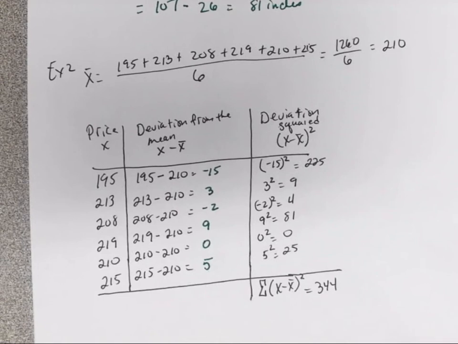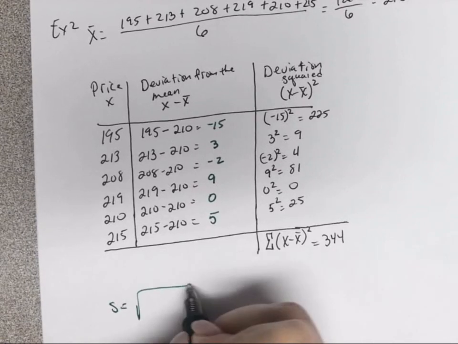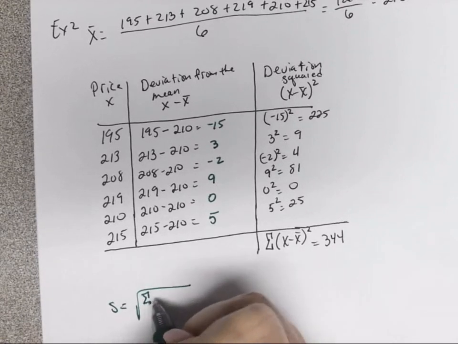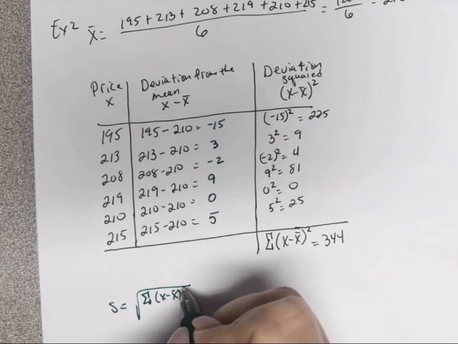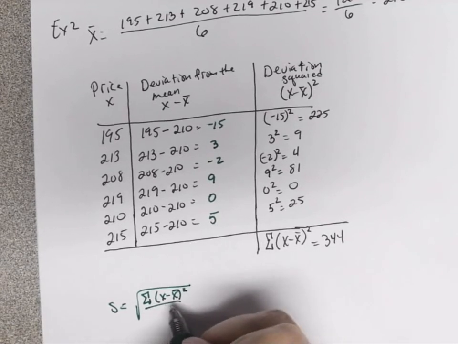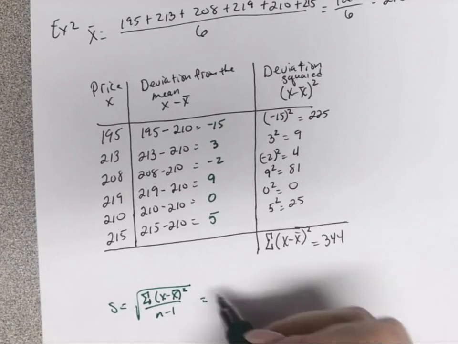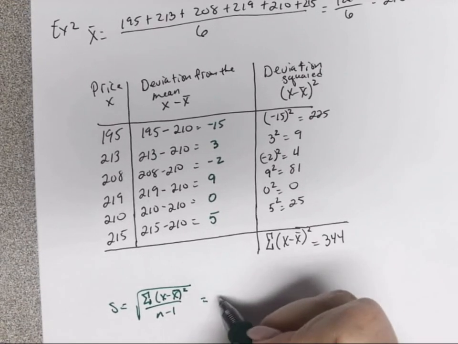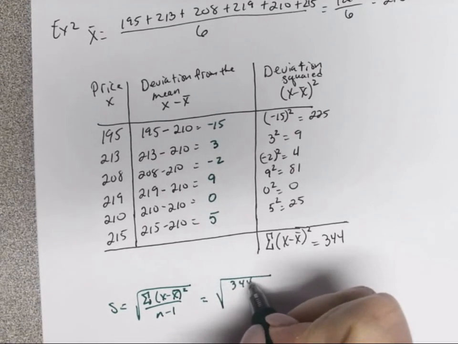So now what we'll do is figure out our formula. Recall that S is equal to the square root of the summation of (x minus x bar) squared, all over n minus 1. So this will be the square root of 344.